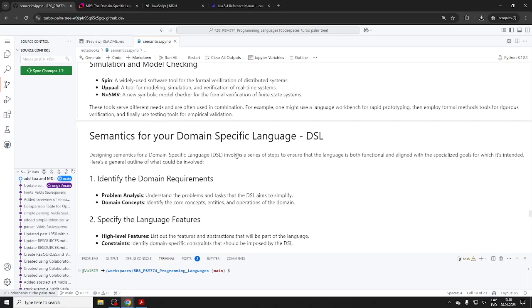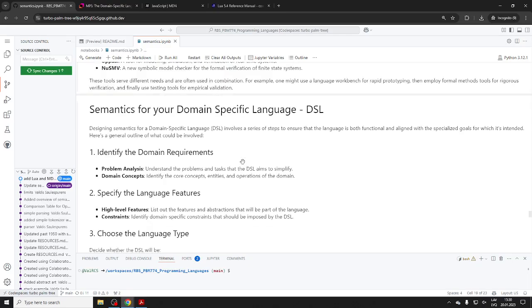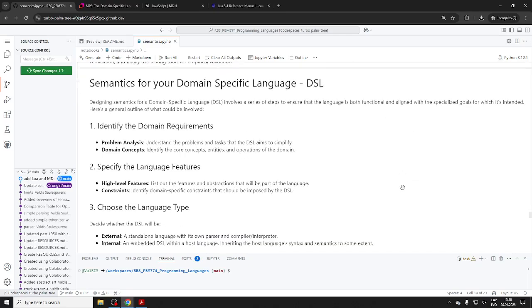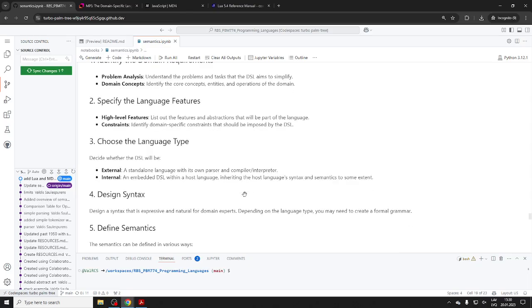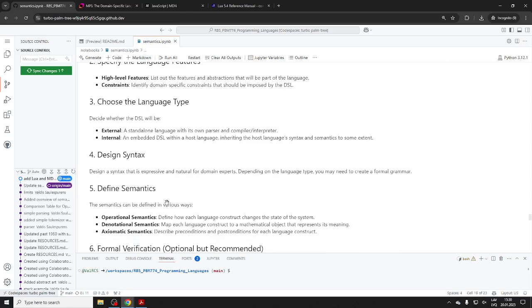You're going to have if statements, yes. And then, of course, you add some domain-specific constraints. And then you have to decide whether it's going to be an external language, with its own parser, compiler, interpreter, or maybe an embedded DSL, meaning it inherits something from an existing language. Then you define a syntax, and then you define the semantics.